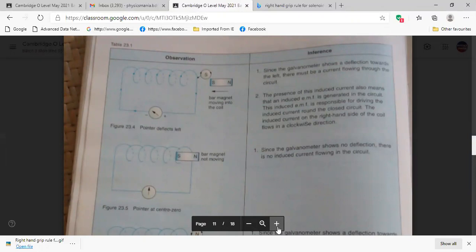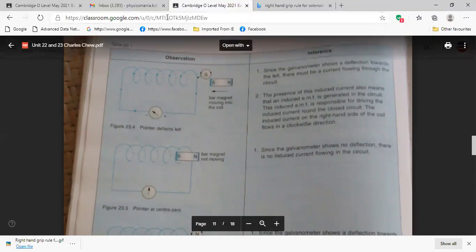It will be magnetized in a way that our left side will be north pole. Just now you understood it from the diagram. Your left side will be north pole and right side will be south pole, isn't it?